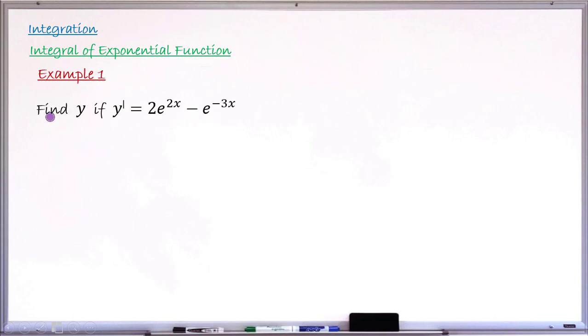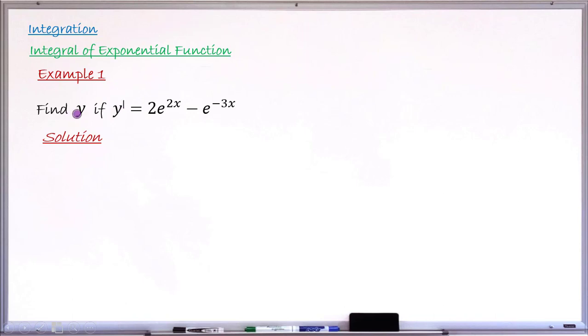Example number 1: find y if y prime equals 2 e raised to the power of 2x minus e raised to the power of minus 3x. Solution to this problem. Remember, y prime simply refers to the derivative of the function y.